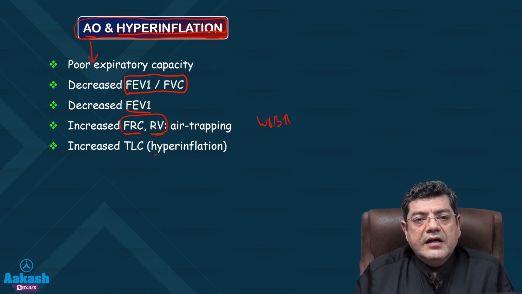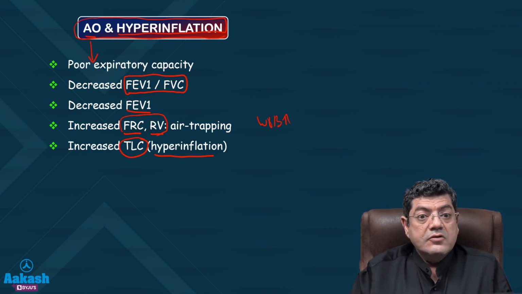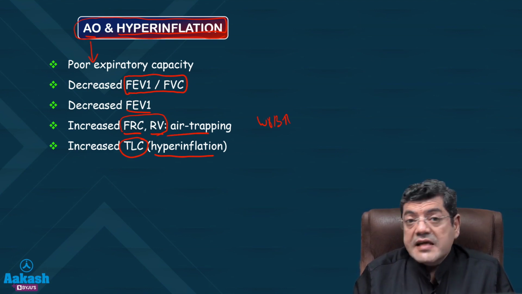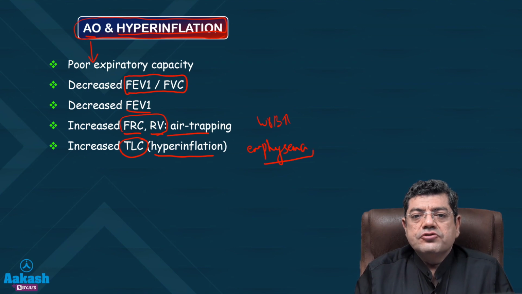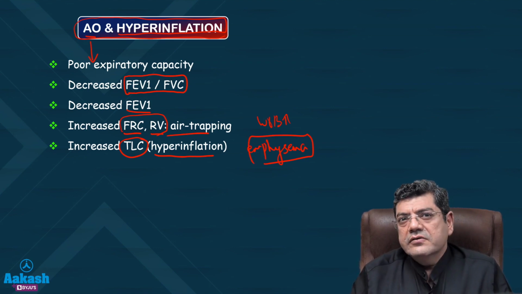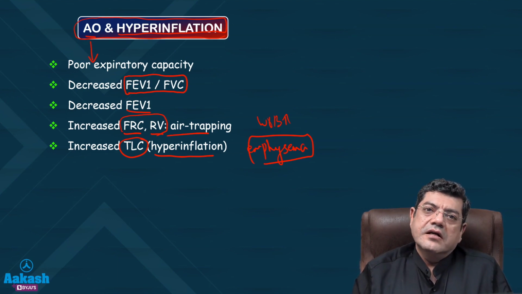And the hyperinflation leads to an increased total lung capacity. There is one more factor that allows an increase in TLC. One is, of course, the air trapping and the consequent hyperinflation. The second is that there is widespread emphysematous damage, alveolar septal damage. Now the alveolar septa are where the elastic recoil of the lung resides.